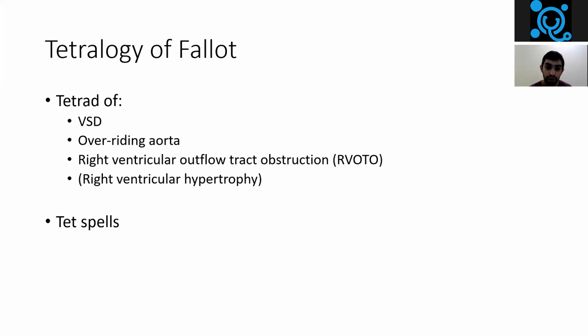Now, this becomes a problem because when deoxygenated blood goes through the aorta, it triggers your chemoreceptors. Because they detect deoxygenated blood, you start to respire more deeply and more frequently. If you had a normal heart, that would be great because it would encourage more gas exchange and correct the problem.